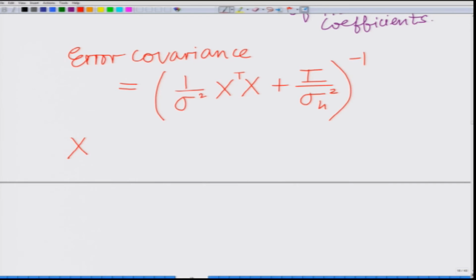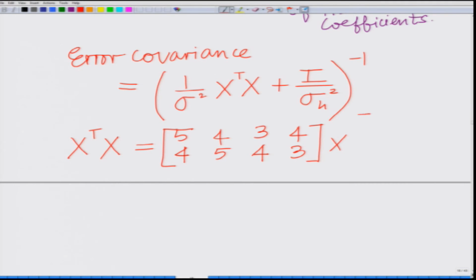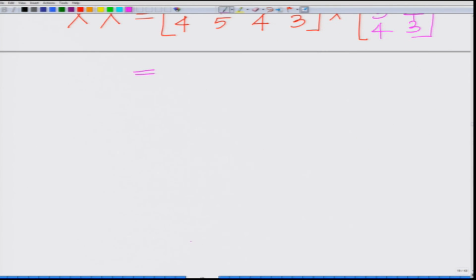So, x transpose x, which is transpose of the matrix x times itself. Remember, it is an m cross m matrix, a 2 cross 2 matrix, which is basically your 5 4 4 5 3 4 4 3 times x, which is the pilot matrix, once again 5 4 4 5 3 4 4 3, which is equal to 66 64 64 66.